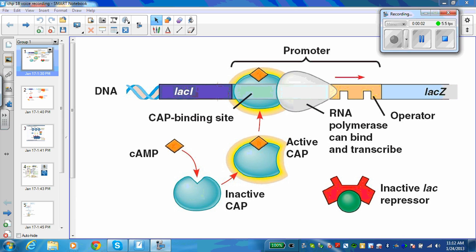Okay, welcome to Chapter 18 recording on gene influences or genetic programming that happens between the point of DNA turning into a protein.